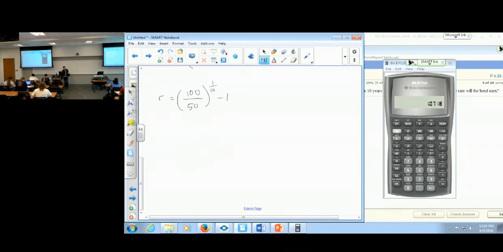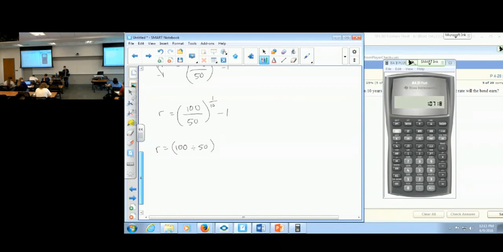Alright, so I'm going to write that out. We've all got it. R equals 100 divided by 50. And on the BA II Plus, I'm going to type the y to the x key, open parentheses, 1 divided by 10, close parentheses, minus 1.